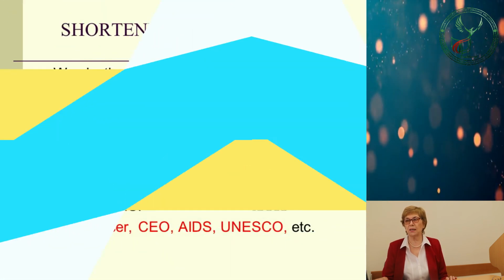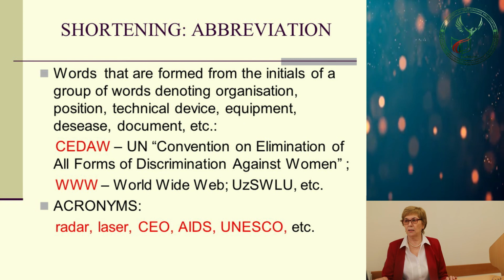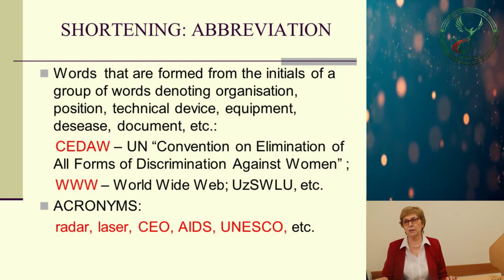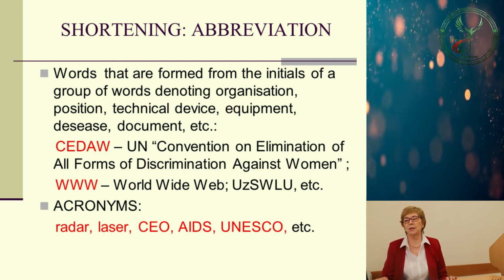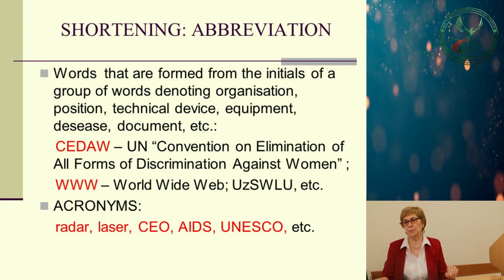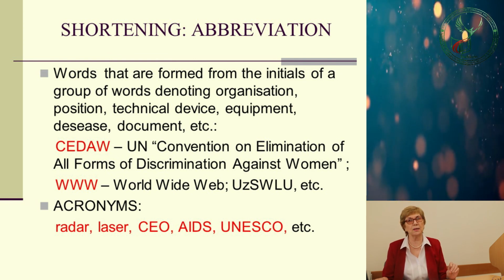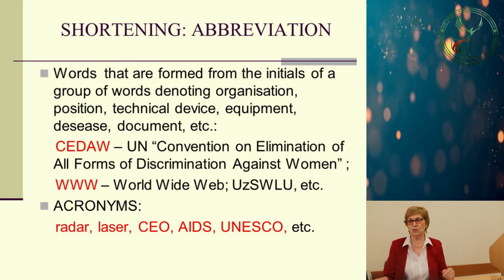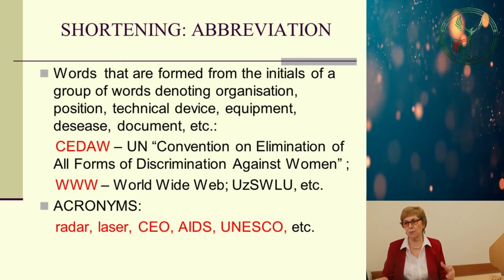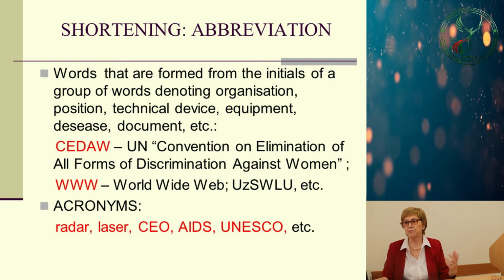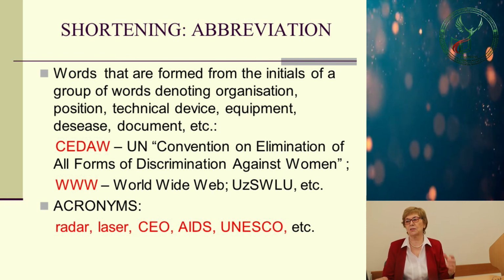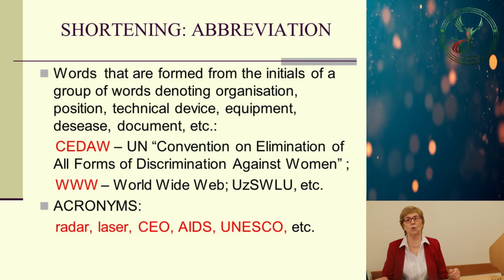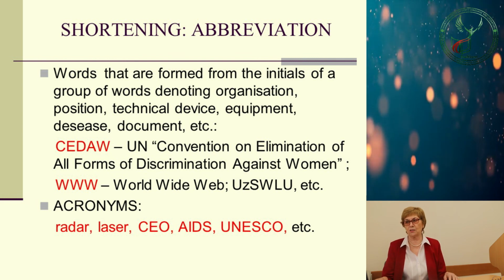Another type of shortening is abbreviation, and abbreviated words are words which are formed from the initials, from the beginning letters of a group of words. And normally these words denote organizations or positions or technical devices, equipment, etc. So CEDAW is the United Nations Convention on the Elimination of All Forms of Discrimination against Women.